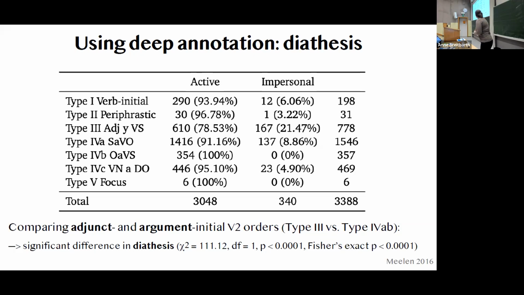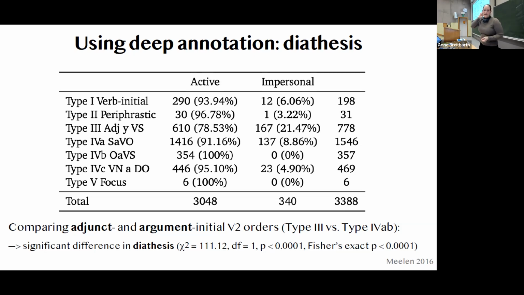So if you were to just count, I had almost 10,000 sentences in the end, positive main declarative clauses in Welsh, spread out over a number of texts, and basically counted all of the active verbs, all of the impersonal verbs across all the different word order types that I've discussed.